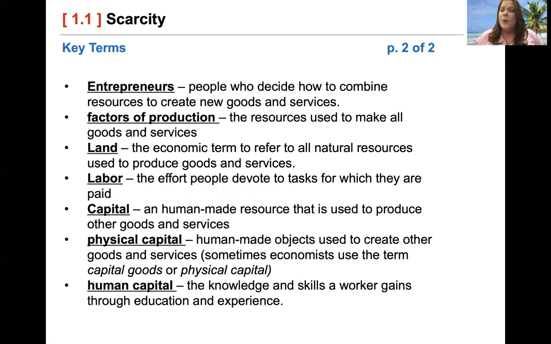Entrepreneurs. When I hear entrepreneurs, I think of a business owner, someone that owns their own business, but not necessarily. An entrepreneur is more broad. That's people who decide how to combine resources to create new goods and services. The iPhone is a great example. Before the iPhone, you had an iPod and a cell phone, so you had one in each back pocket.